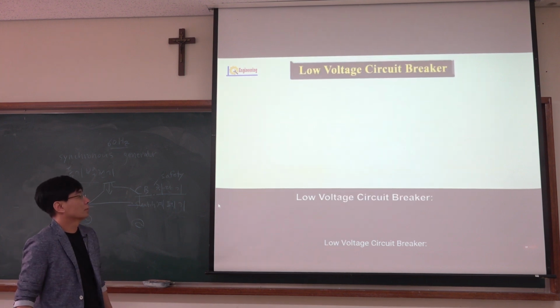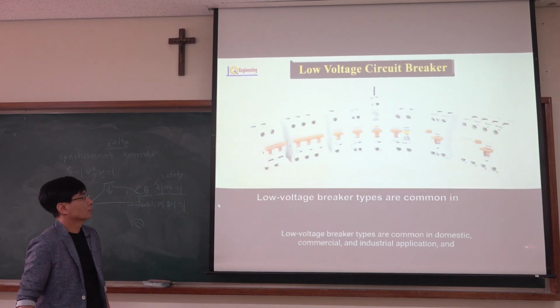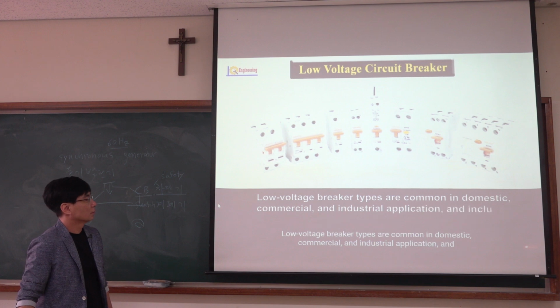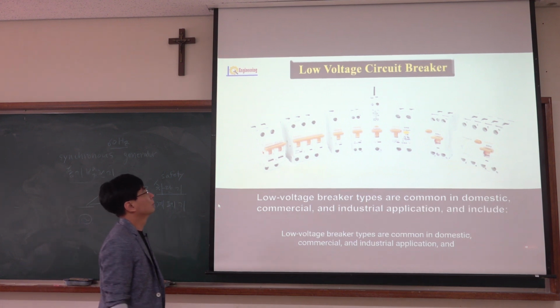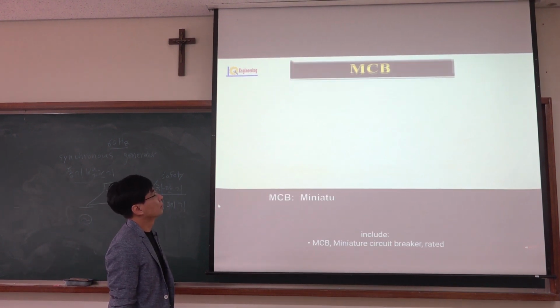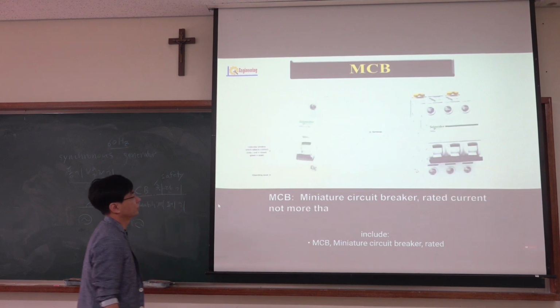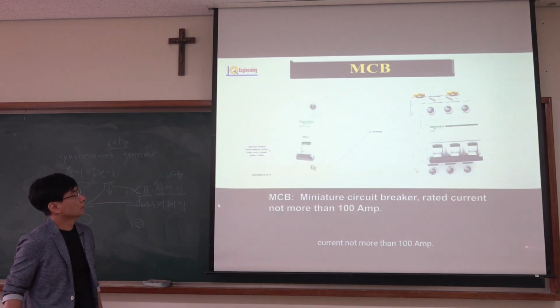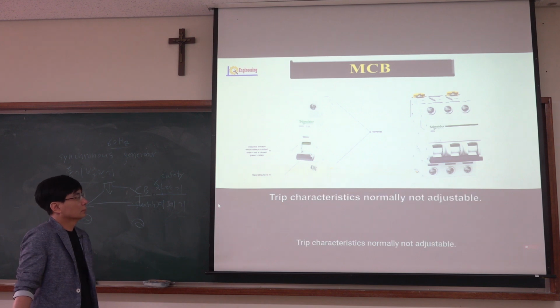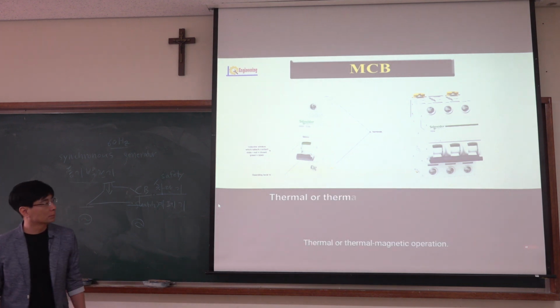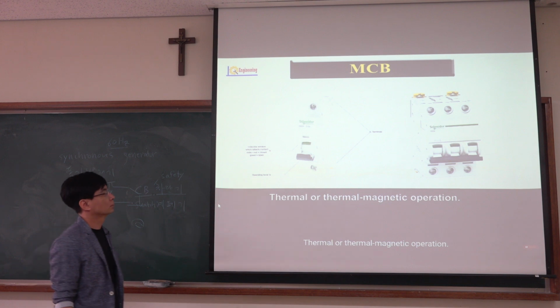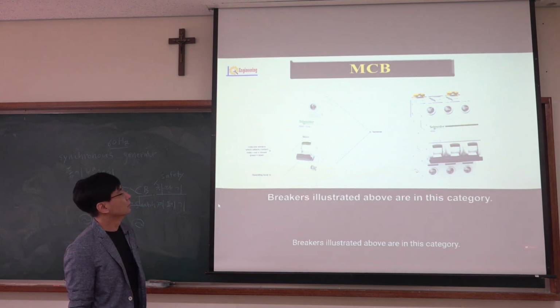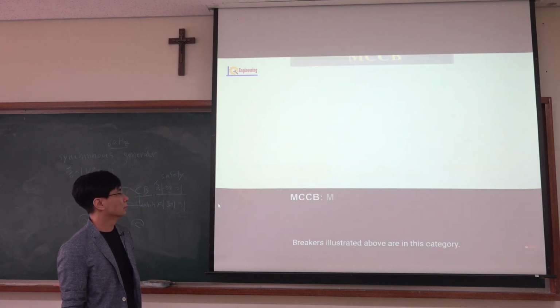Low voltage circuit breaker types are common in domestic, commercial, and industrial application. MCB, miniature circuit breaker, rated current not more than 100 ampere, trip characteristics normally not adjustable, thermal or thermal magnetic operation, breakers illustrated above in this category.